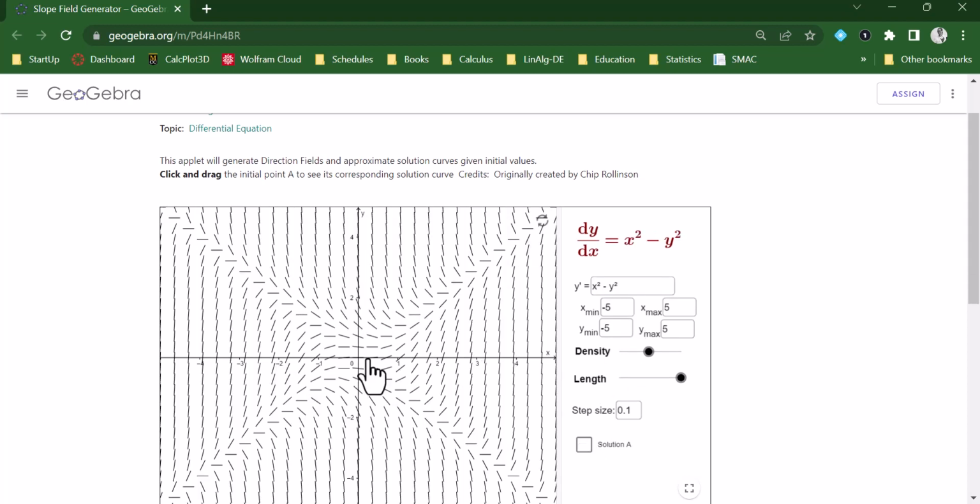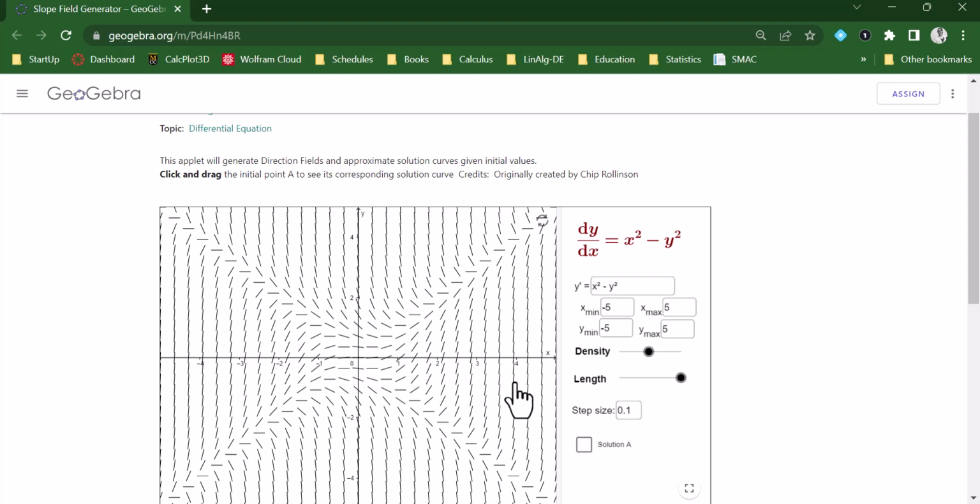Now if we zoom in around those points that we were looking at, it's not quite 1, 1, but it looks like it's getting close to the slope of 0 somewhere over here. And then you kind of get the general idea. This is what the slope field is really going to look like.